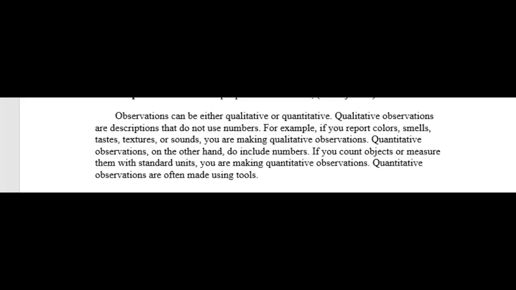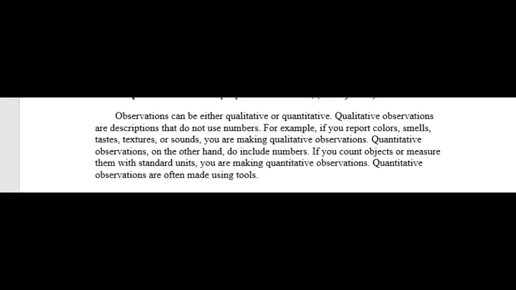Observations can be either qualitative or quantitative. Qualitative observations are descriptions that do not use numbers. For example, reporting colors, smells, tastes, textures, or sounds will involve you making qualitative observations.